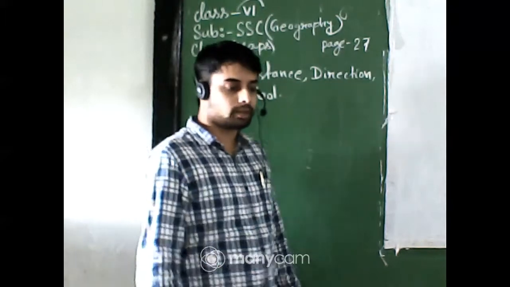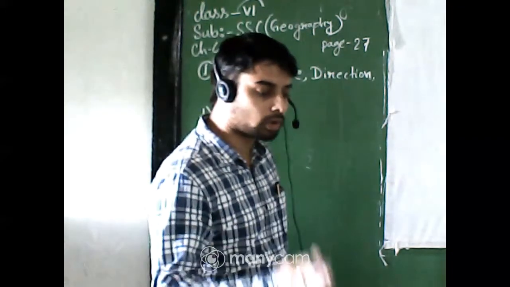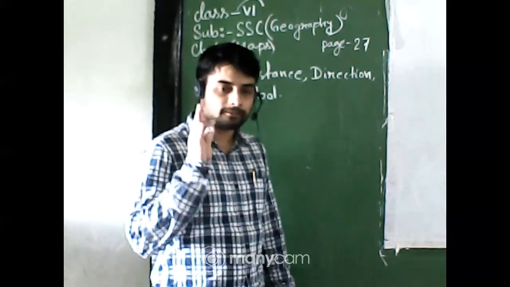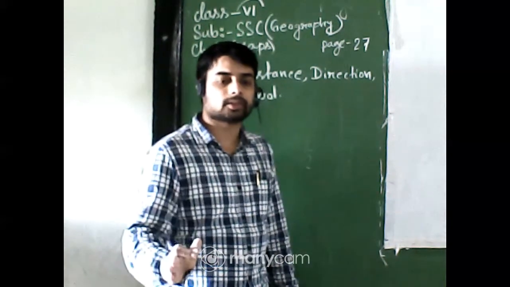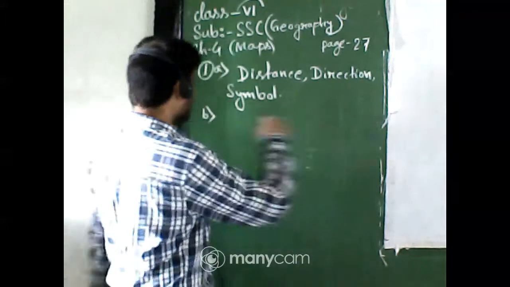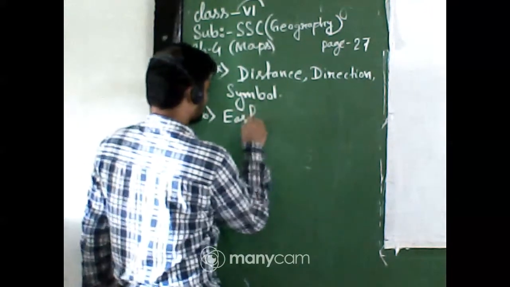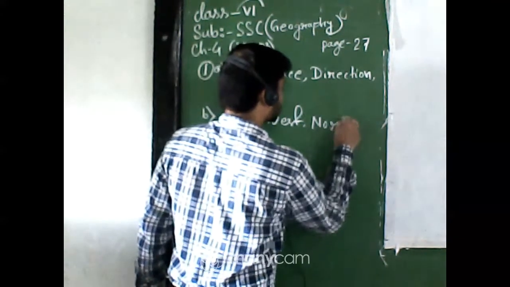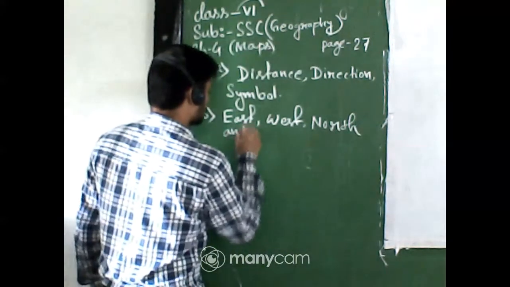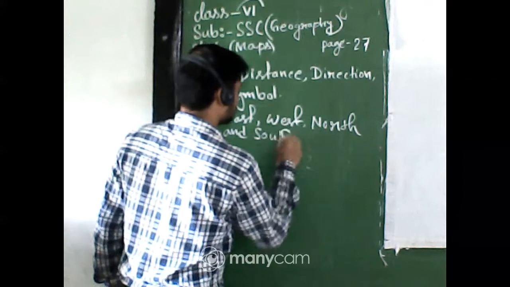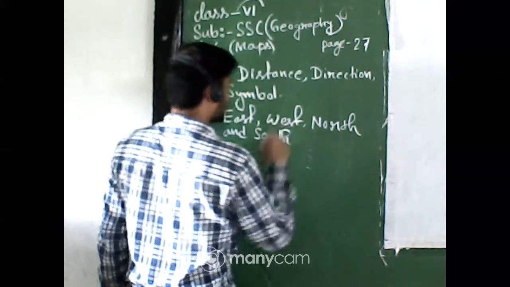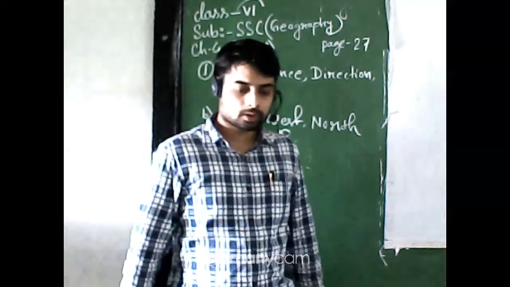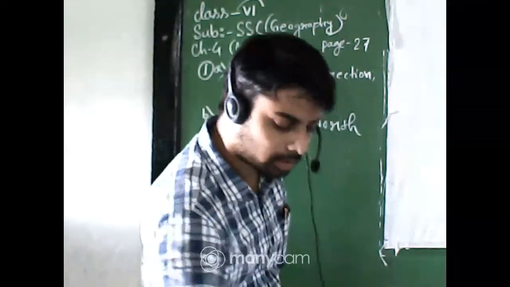From the question, you can write the sentence that the 4 cardinal directions are east, west, north and south. So these are the 4 cardinal directions. Okay, I hope you have completed this one.